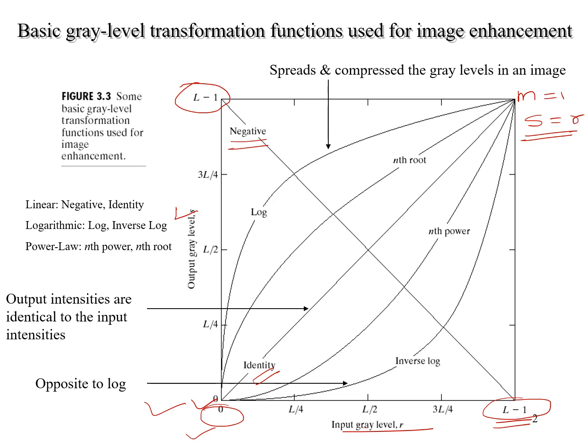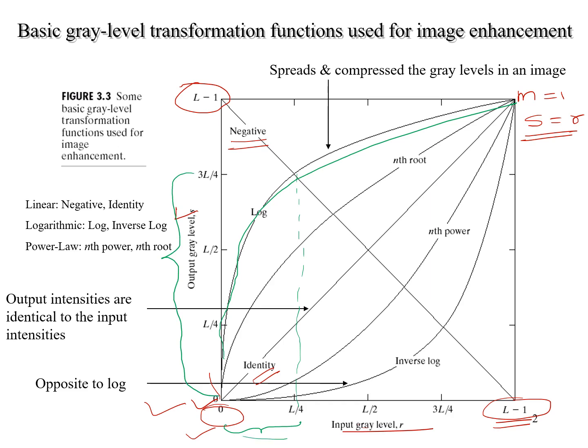Next is logarithmic transformation. This is your logarithmic transformation curve. What is happening here? You can see till this point, L by 4, the input range 0 to L by 4 is mapped to the output range 0 to 3L by 4.